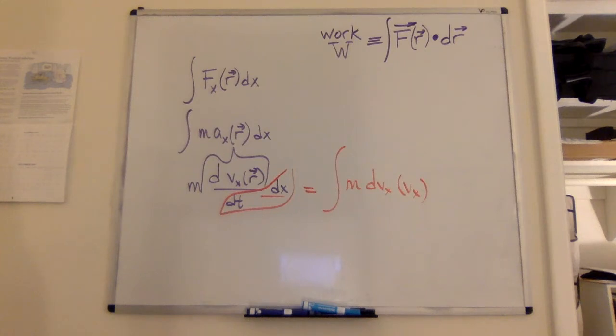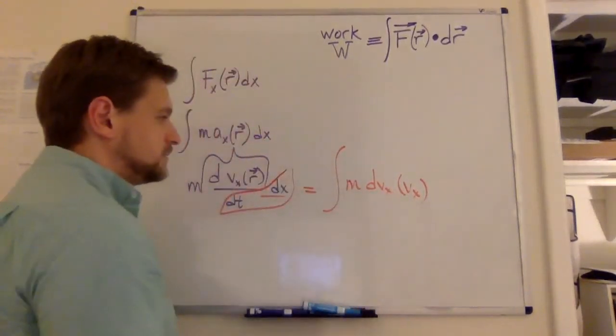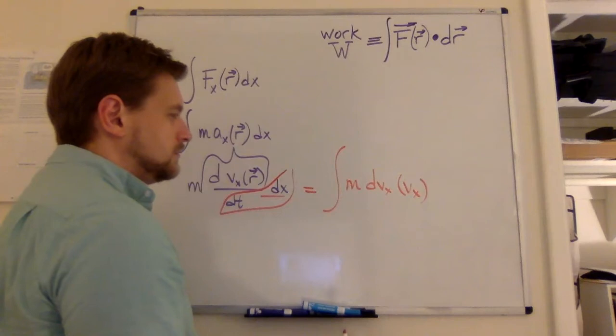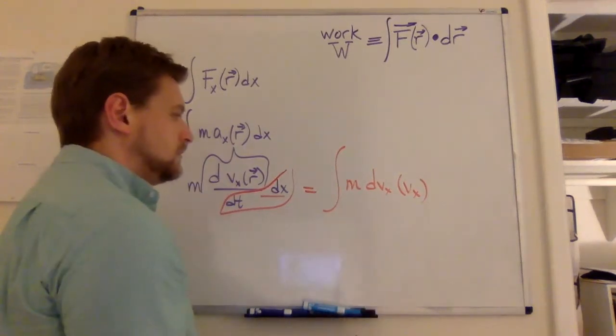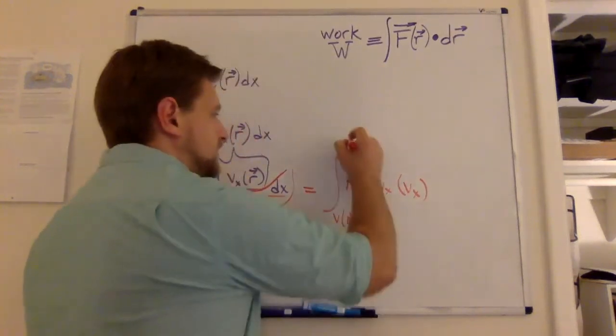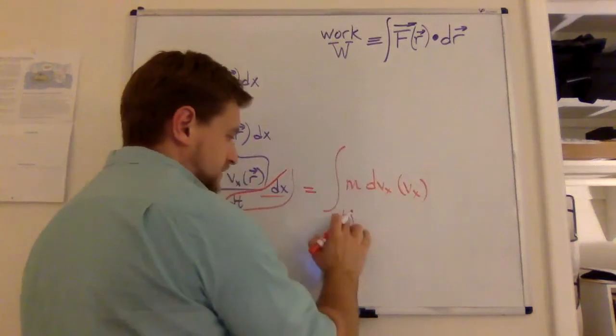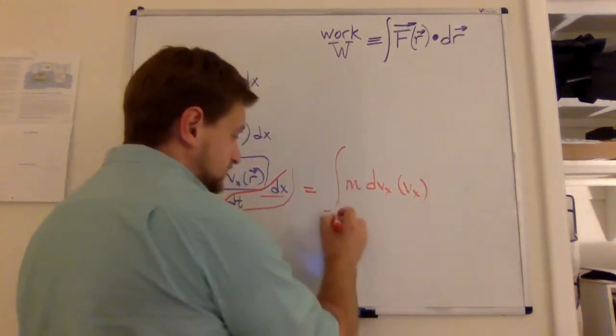Whoa. Okay, so we can integrate with respect to velocity. There's some initial and some final, I guess. Let's call them V1 and V2.